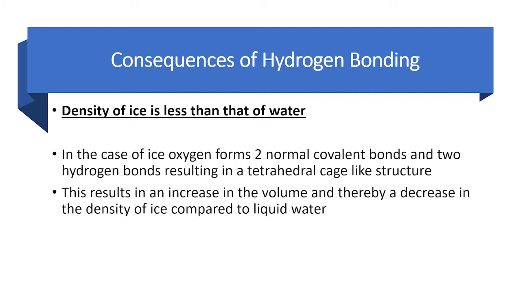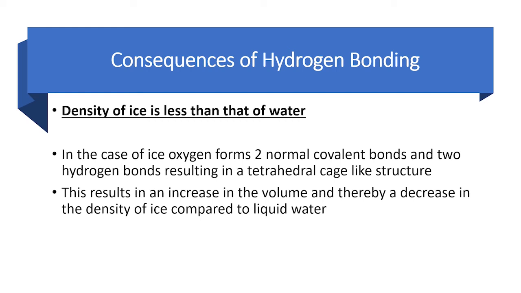This existence of two additional hydrogen bonds gives the water molecule in ice a tetrahedral cage-like structure. We cannot say it is exactly a tetrahedral structure, but because of the presence of hydrogen bonds, even though they are not as strong as a covalent bond, the presence of two hydrogen bonds and two normal covalent bonds gives the water molecule a tetrahedral cage-like structure.